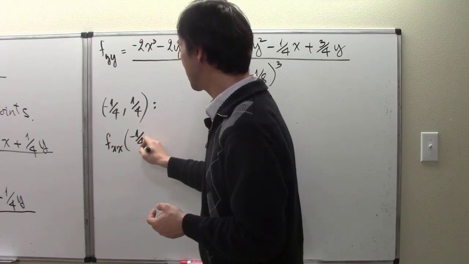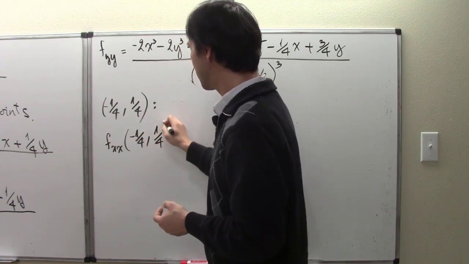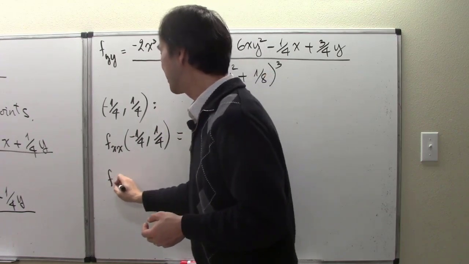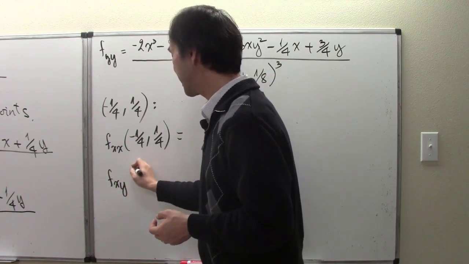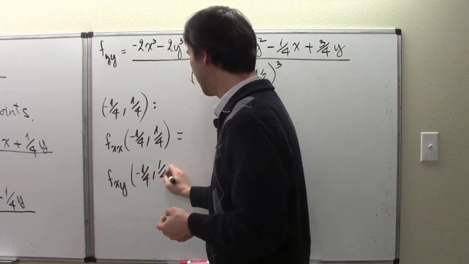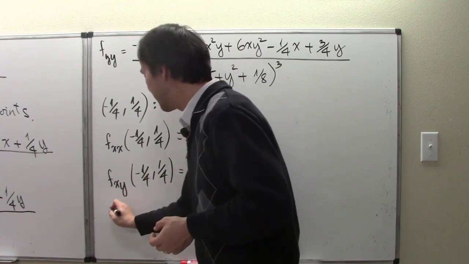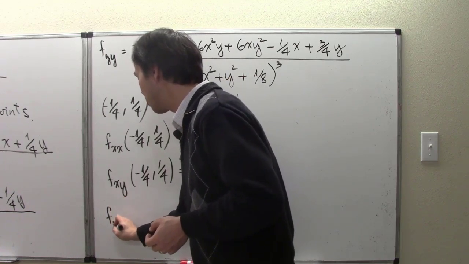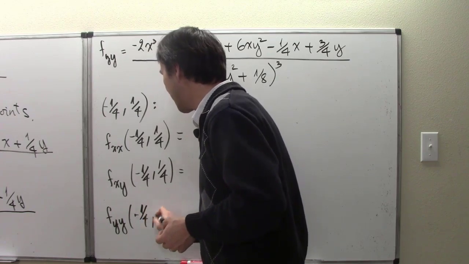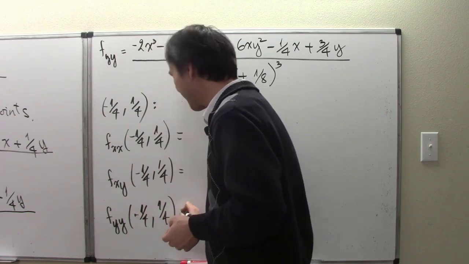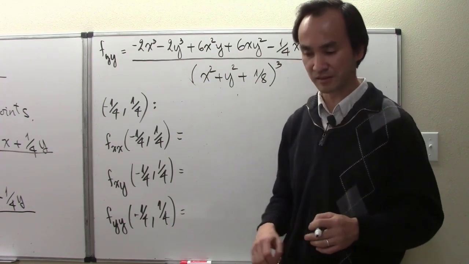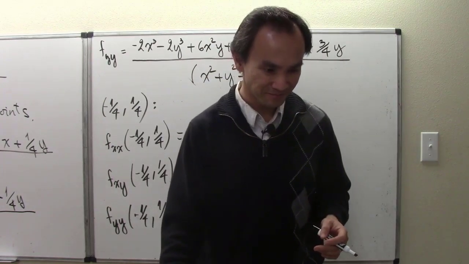I'm going to use my calculator on the computer here to calculate this. And then I will also need to calculate f sub xy at this point, negative 1/4 comma 1/4, and f sub yy at negative 1/4 comma 1/4. So let's look at the result after I come back from the calculator on the computer.